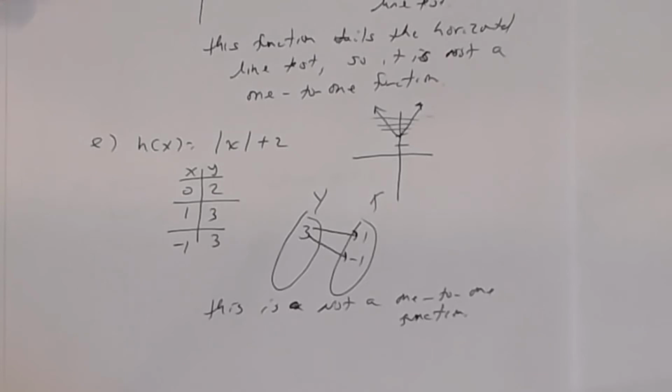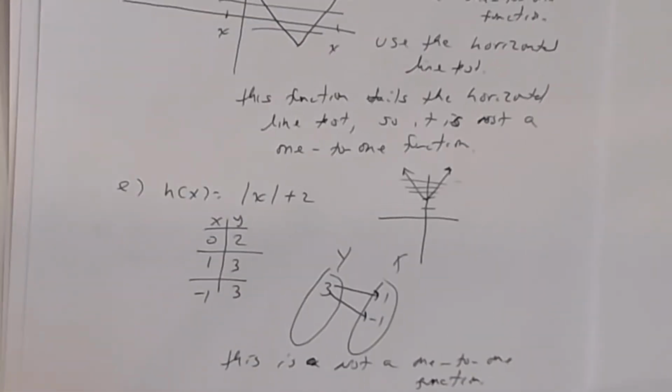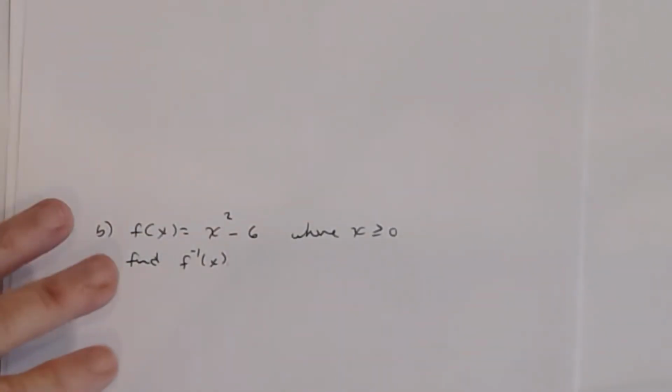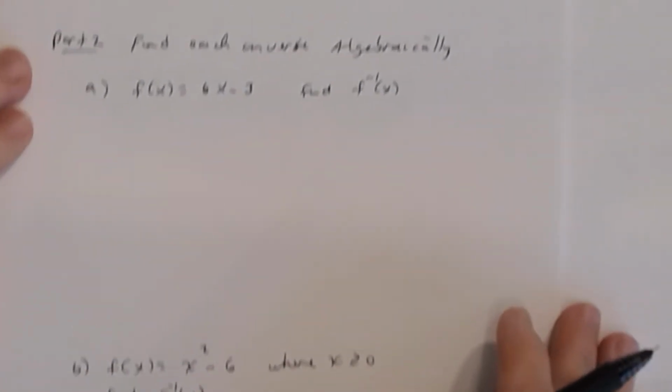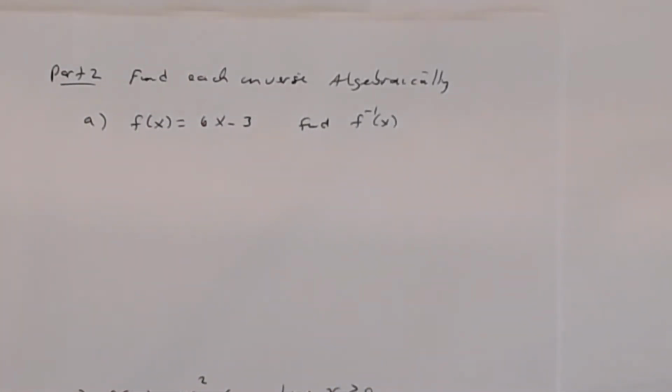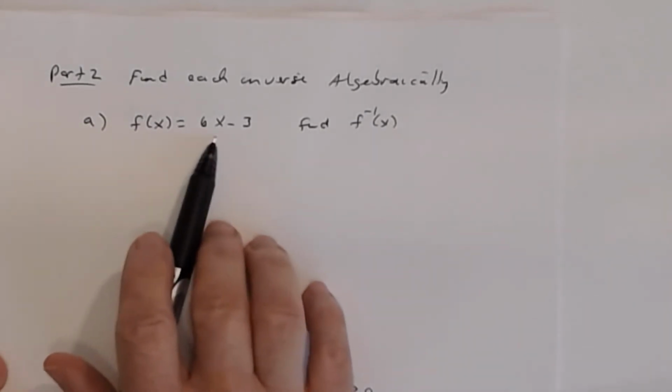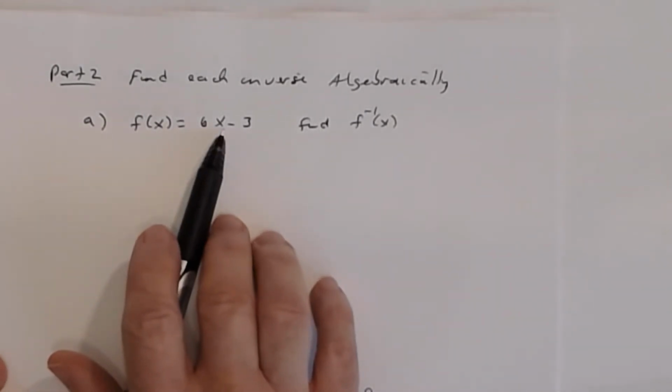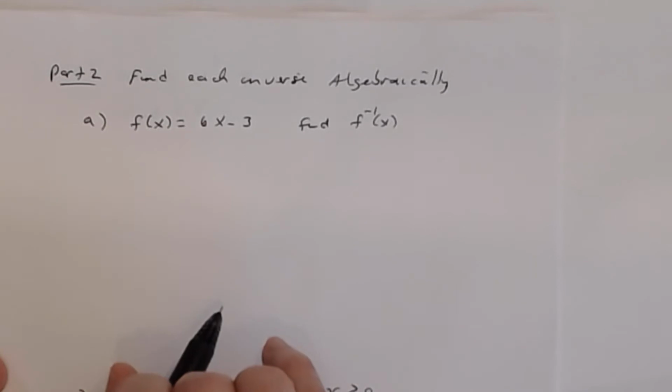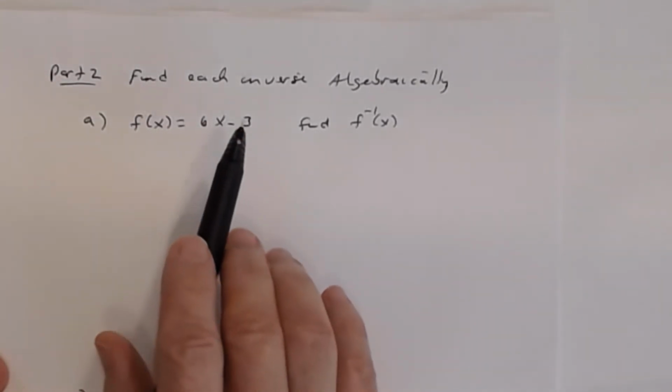Okay? All right. Now, let's look at the next part. Here, this is what you're asked to do. On that worksheet, you will be asked to determine the inverse algebraically. We know that this is a function, and so the functions that you're given will have an inverse.